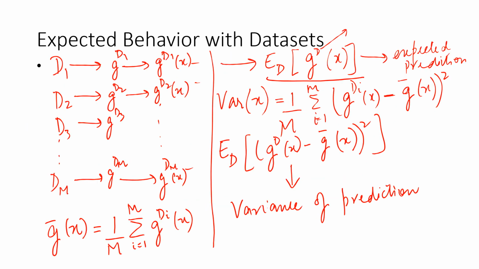So the out of sample error is going to be written in general something like this: f of x minus g D_i of x whole squared, because it is the square of the error, now for each of these data sets.